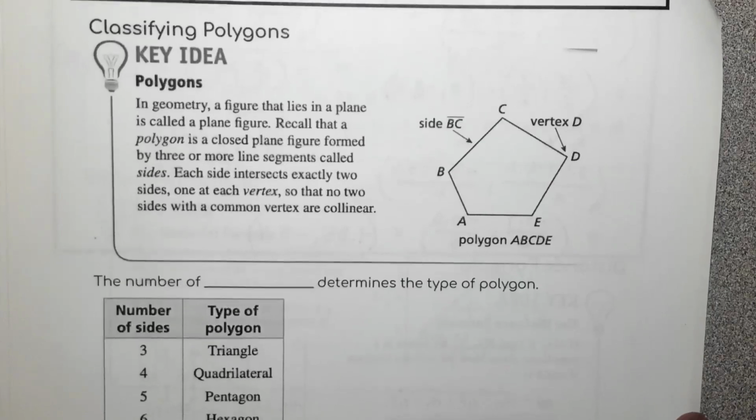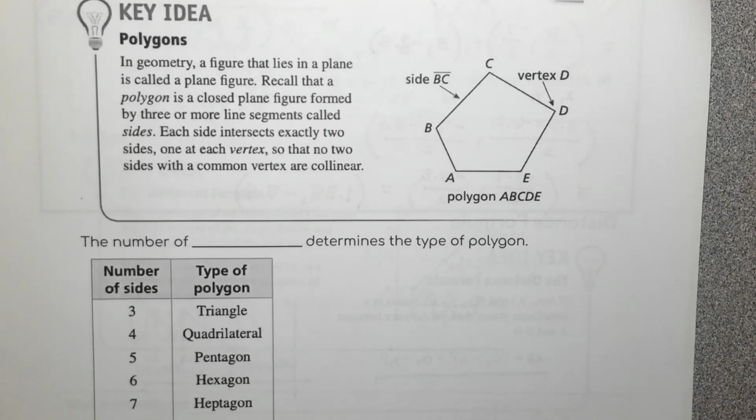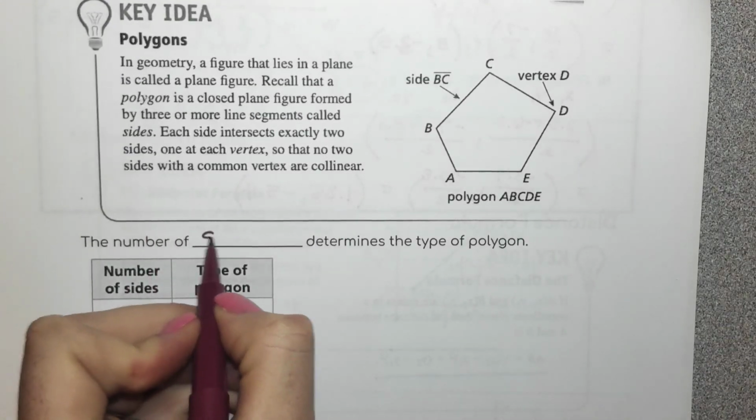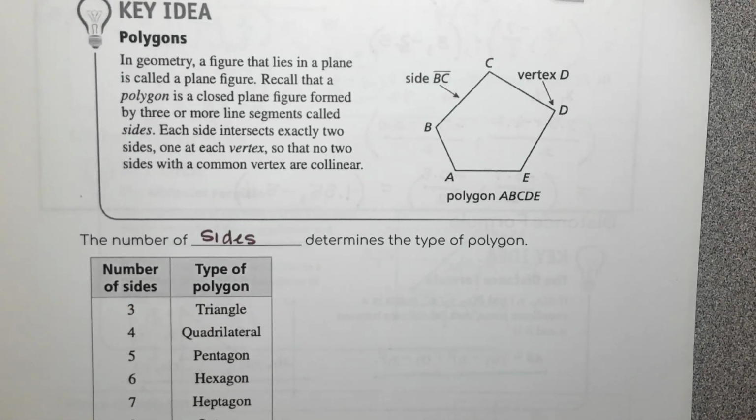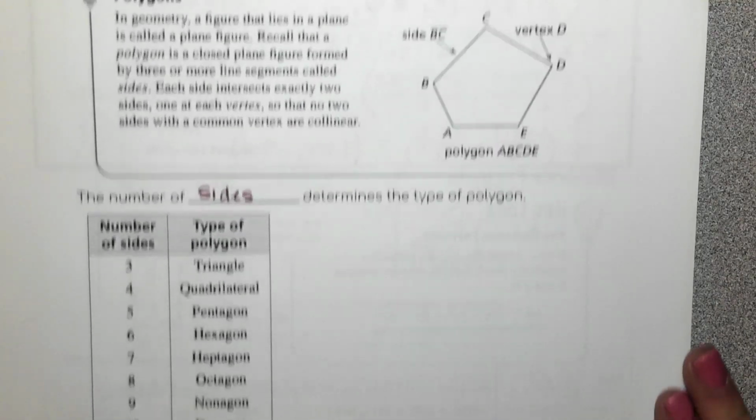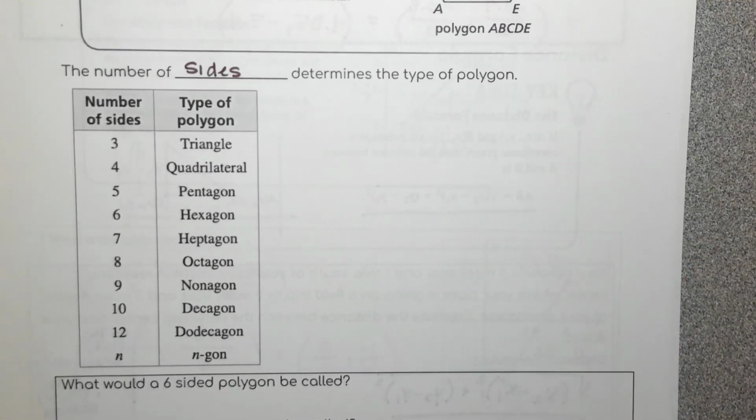Alright, so the number of sides determines the type of polygon, or what we call it. So you probably know most of these. If it has 3 sides, we call it a triangle. If it has 4 sides, we call it a quadrilateral. 5 sides is a pentagon. 6 sides is a hexagon.